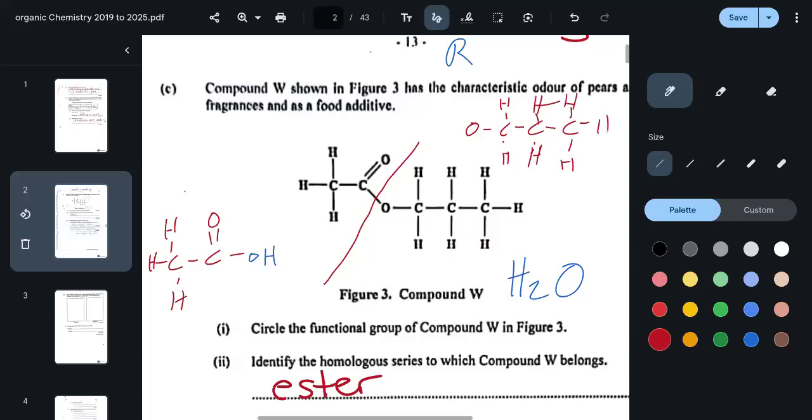So now what is missing in order to make this an alcohol? OH. Right. So when you hydrolyze an ester, it means that to get back the acid and the alcohol. And it's not difficult. So remember, just separate the two oxygens. Good.